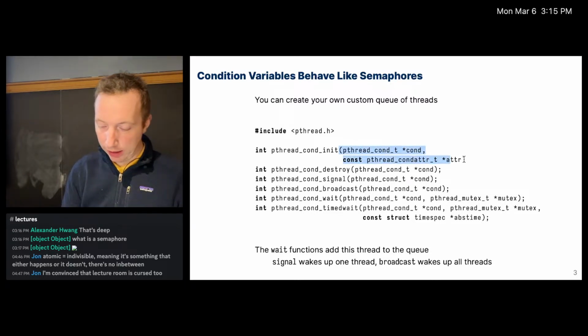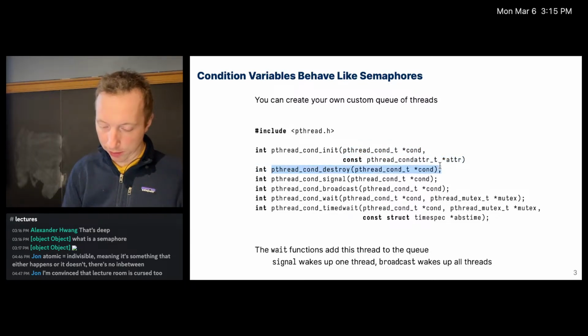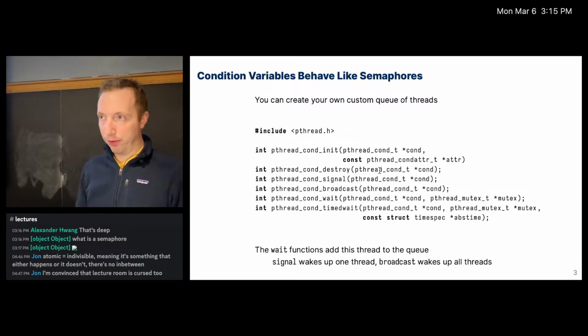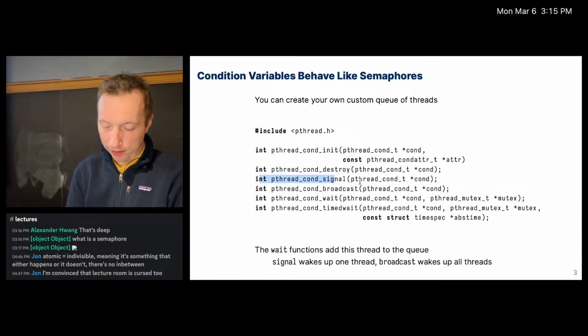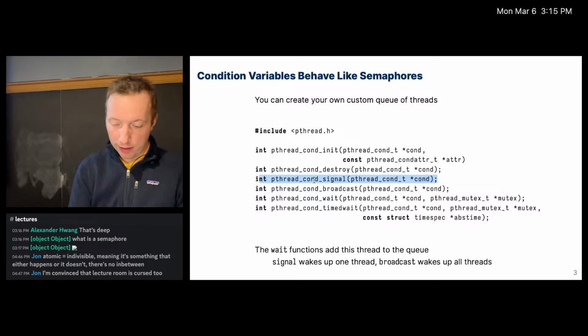So you're creating a queue, you can create attributes, but we'll take default ones, and then you can destroy the queue. And then there are essentially two fundamental things you can do here. You can either signal on that queue, which will wake up exactly one thread that is blocked on that queue, and the other one is you can wait.